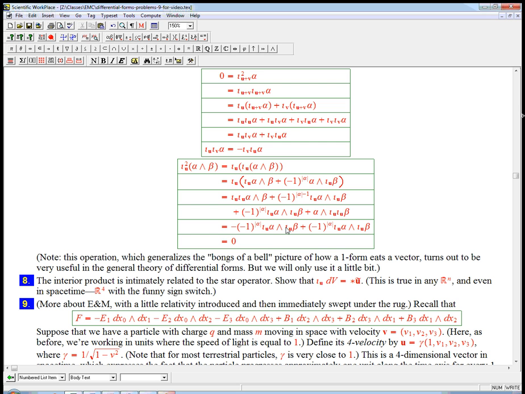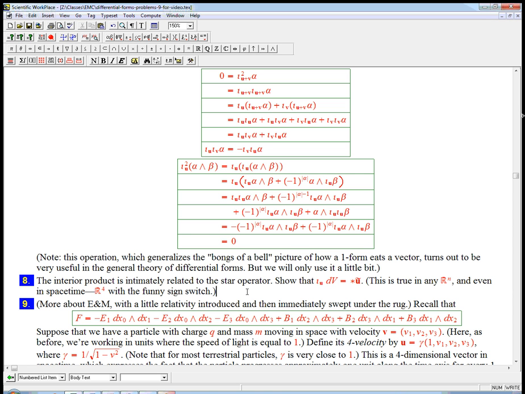And I get IU alpha wedge IU beta, and look what I've got. I've got IU alpha wedge IU beta here. They have exactly opposite signs, and so they die, and it's 0. So that gives you an inductive proof that IU squared is 0 in anything. And then this cute little proof, well, I don't want to call it clever, I certainly didn't come up with it, shows you that you get the antisymmetry as well.